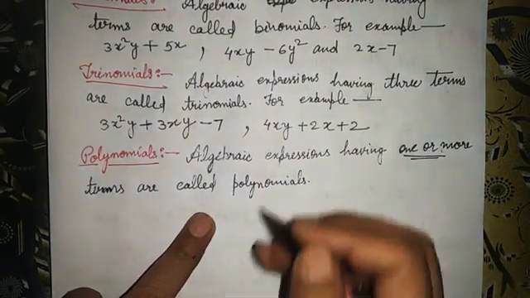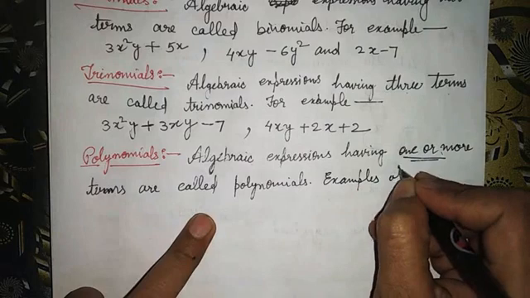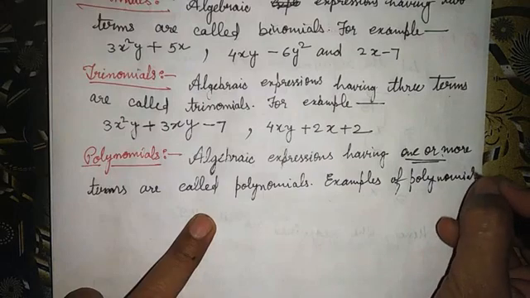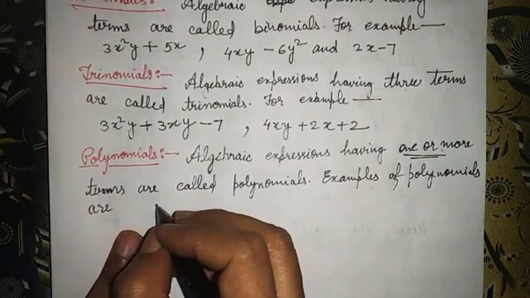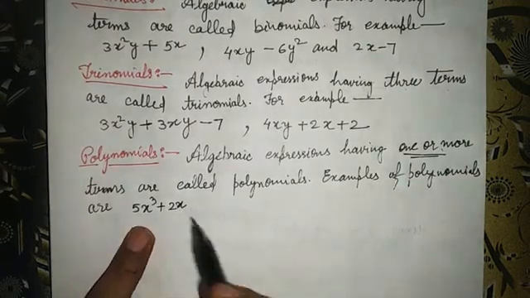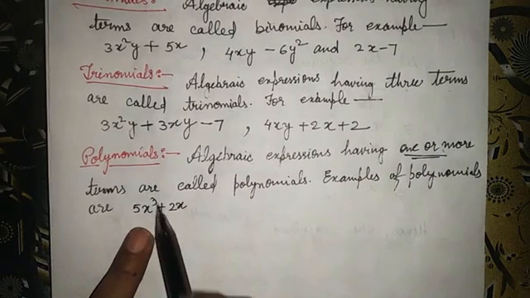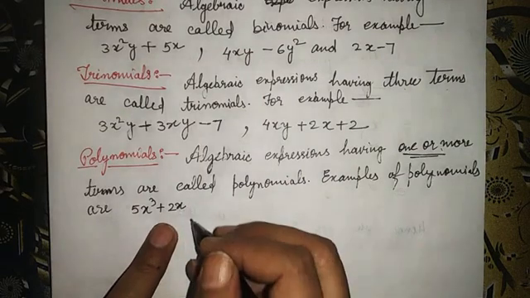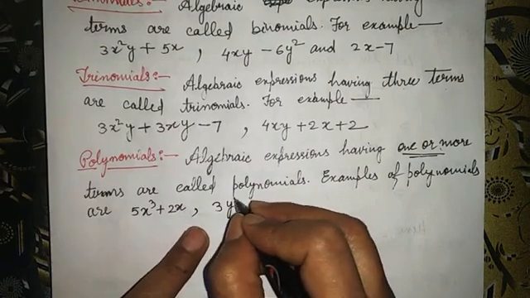Examples of polynomials are 5x cube plus 2x. You can say this is a binomial, and you can say this a polynomial also. See one more example: 3y square.